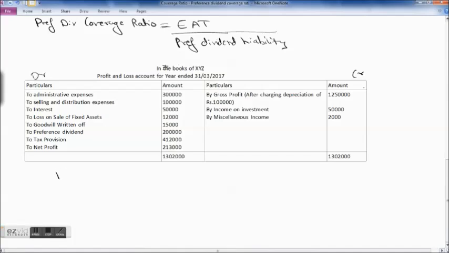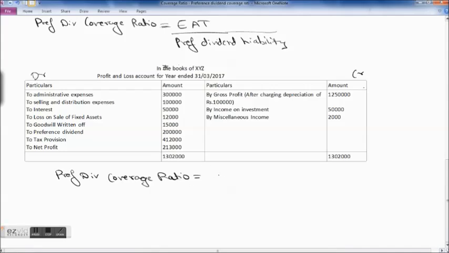Okay, so preference dividend coverage ratio is nothing but earning after tax divided by preference dividend liability. Now, what is the earning after tax? The net profit given is 2,13,000, which is after tax as well as after distribution of your preference dividend. So we need to find the earning after tax but before appropriation, that is before distribution of preference dividend.